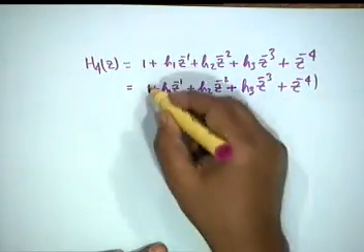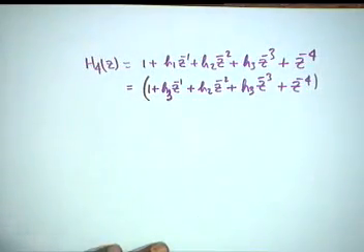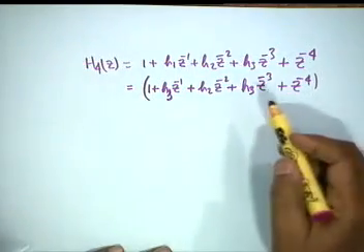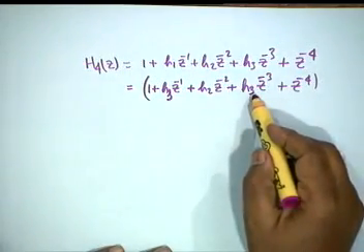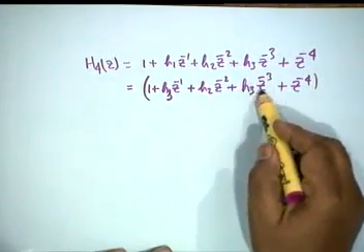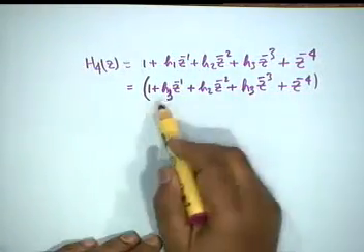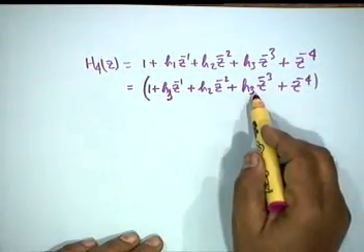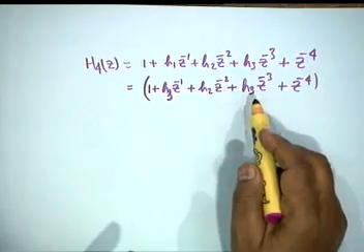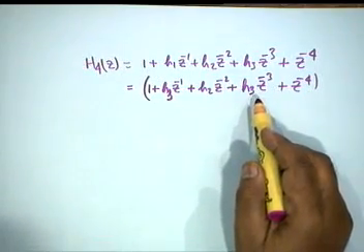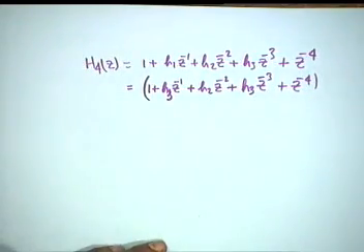In other words, we extract a linear phase in a particular fashion, that is, we use the higher power coefficient for symmetry. I could have used H1 here, and then I had to subtract an H3 minus H1 times Z to the minus 3.